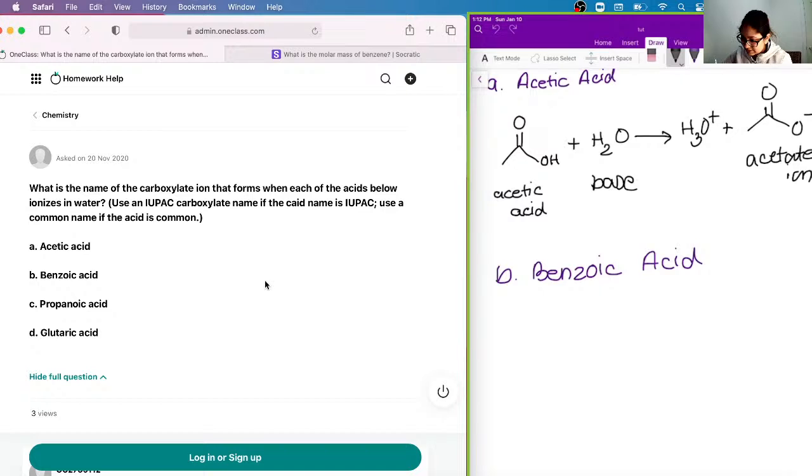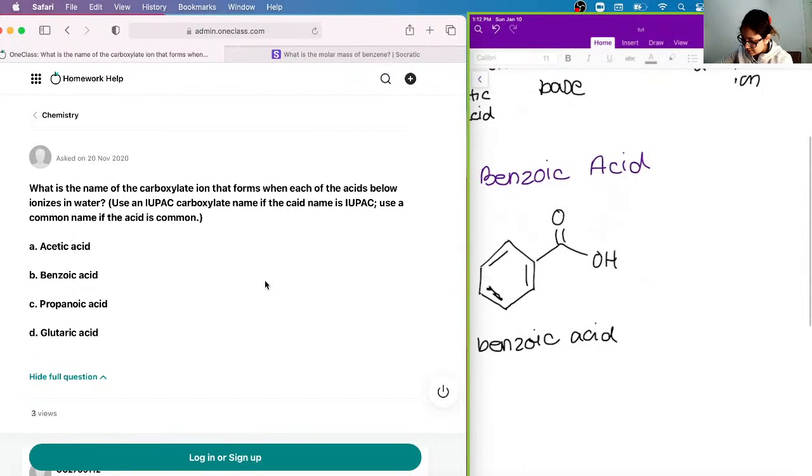You know that benzoic acid has a benzene ring, and it looks like this, with O and H. This is your benzoic acid. It would react with water, that's what it means by ionizing in water, H2O.